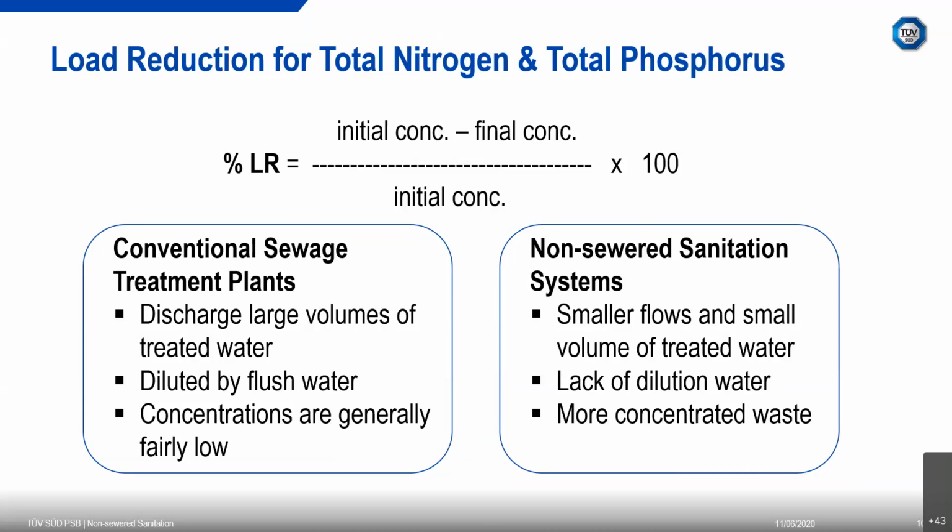Also, flows and dilution can vary greatly between technologies. Thus, the same concentration thresholds used for sewage treatment plants cannot be applied. In some cases, they would require 99.99% removal, which could be unreasonable and unnecessarily high. Therefore, the concept of load reduction was selected instead of a threshold concentration.